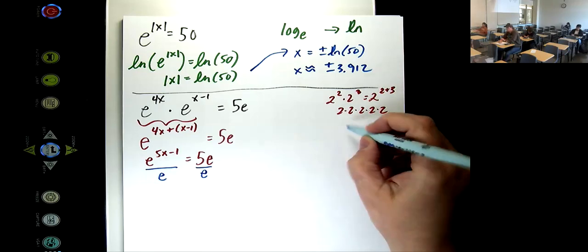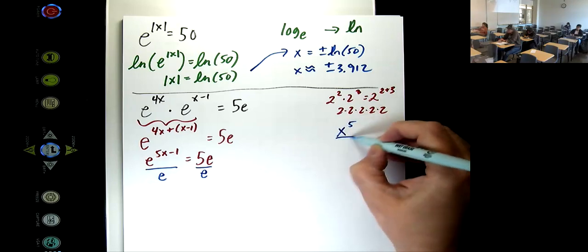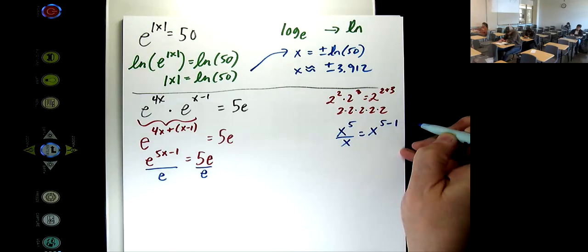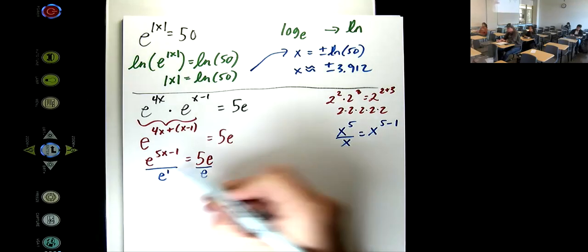Which helps bring up another little reminder. If I have x to the 5th over x, this is just x to the 5th minus 1. We subtract when we're dividing like that. Subtract exponents when you're dividing. Well, this exponent is a 1, even though it doesn't show it.